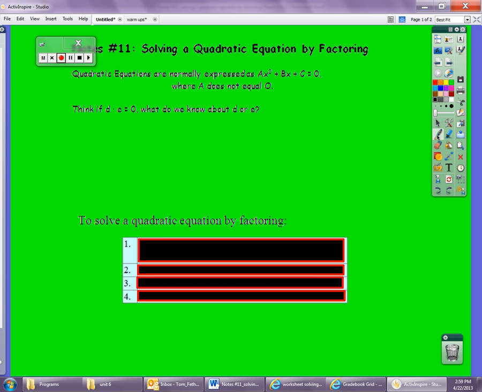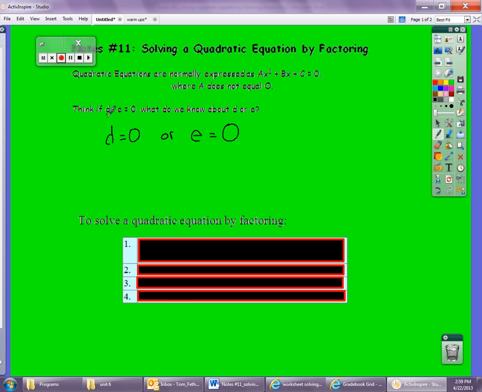The only way is that either d has to equal 0 or e has to equal 0. So 0 times e is going to give us 0, or d times 0 will give us 0. So we know that one of those two variables has to be 0.